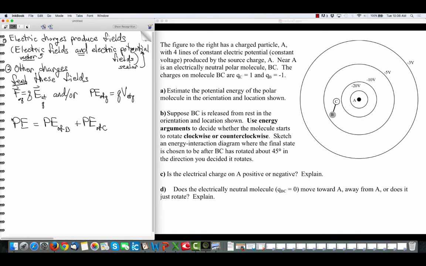So this molecule will move in such a way as to lower its potential energy, whether it rotates, or whether the center of mass moves, or whether both of them happen. It'll do that in order to lower its potential energy. So that's the question you want to think about when you're thinking about its motion. I'll give you a few minutes to talk about that and construct an answer for these problems.